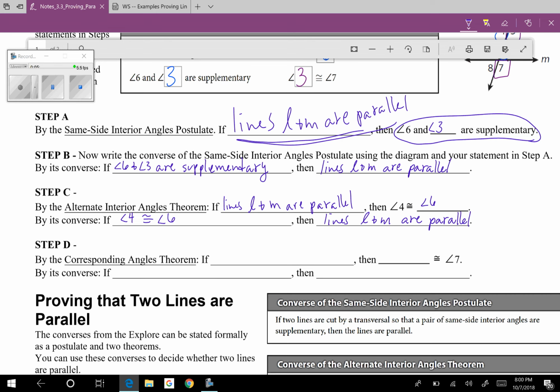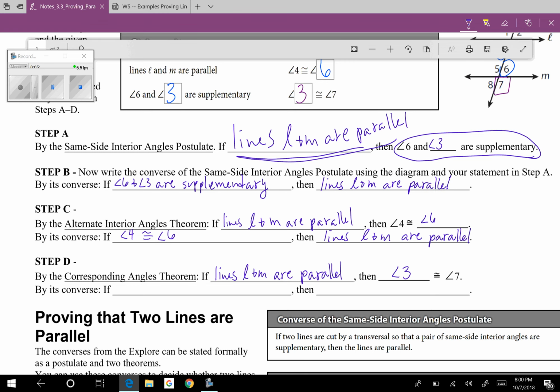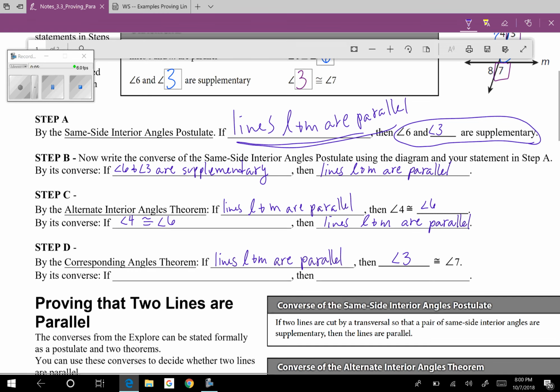Okay, by the corresponding angles theorem. So corresponding angles, that's our 3 and 7. So if lines L and M are parallel, then angle 3 is congruent to angle 7 because they're corresponding angles.